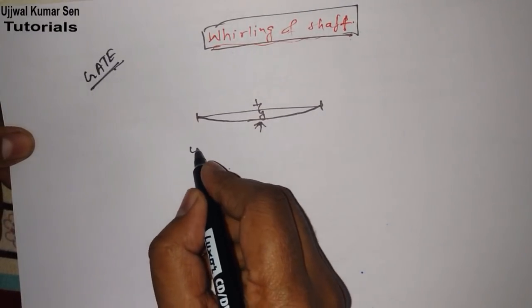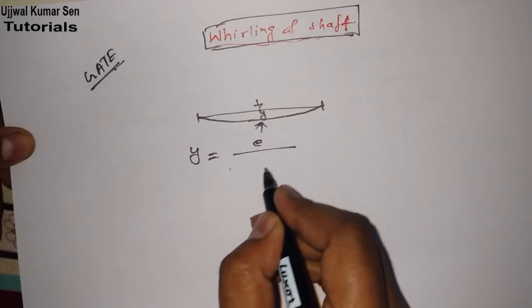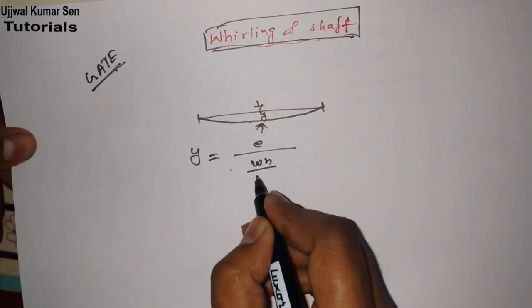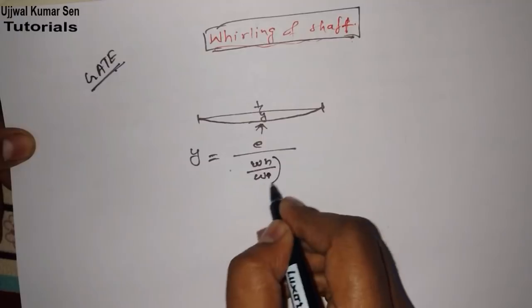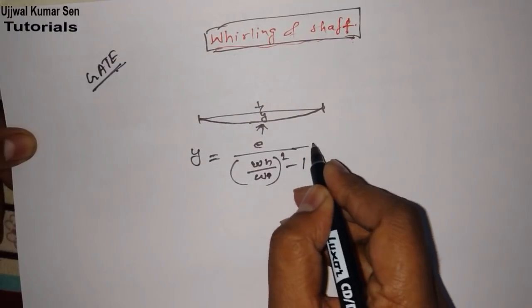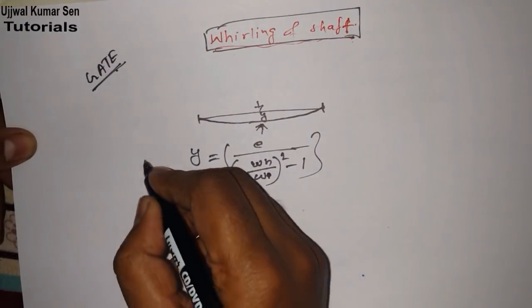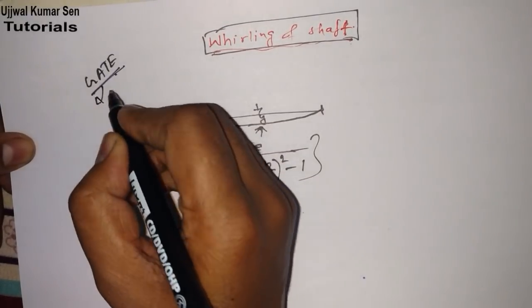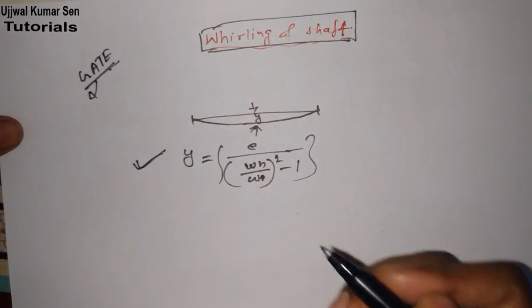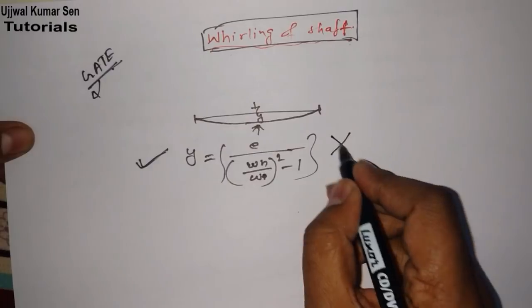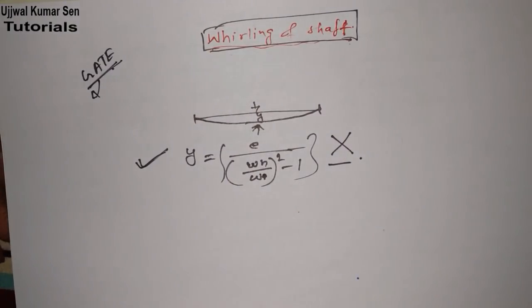We know that y is equal to e divided by (omega n, the natural frequency, by the frequency) whole square minus 1. In the question asked in GATE, which I am going to share with you, the use of this formula is nothing.